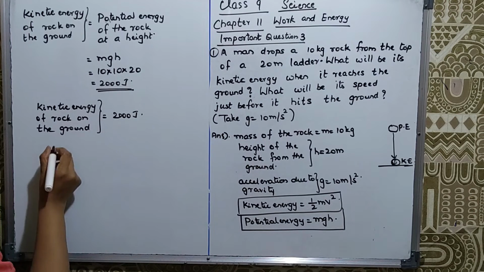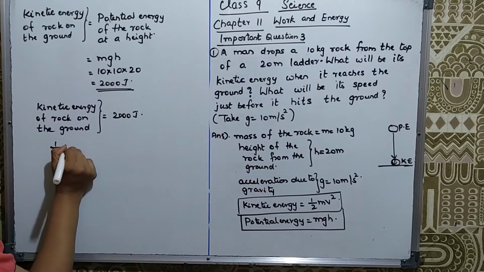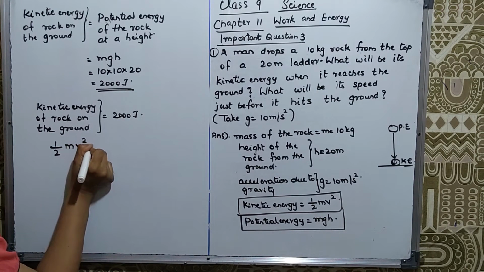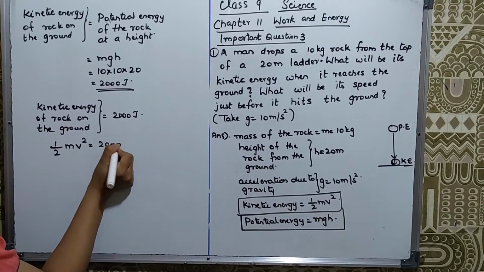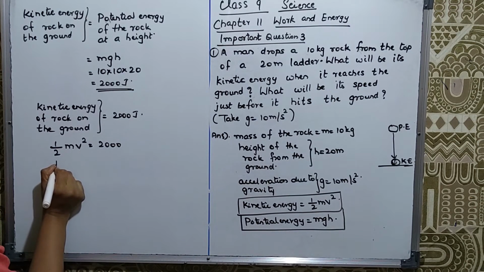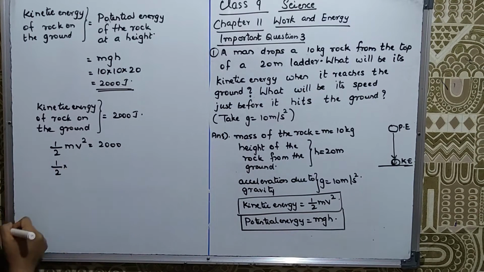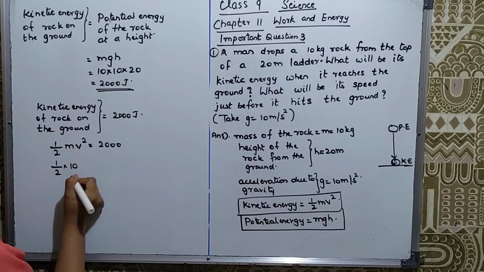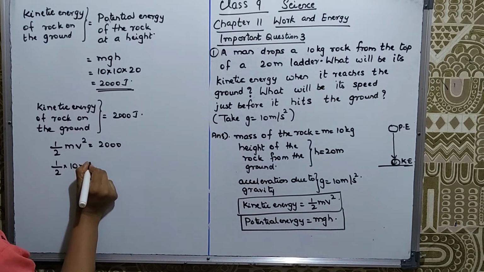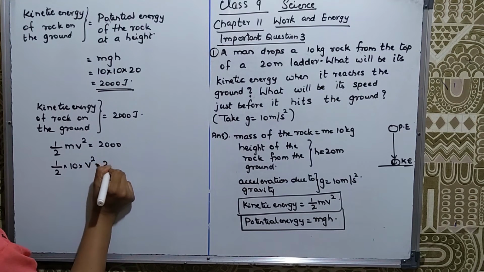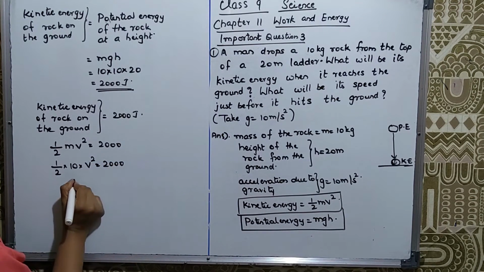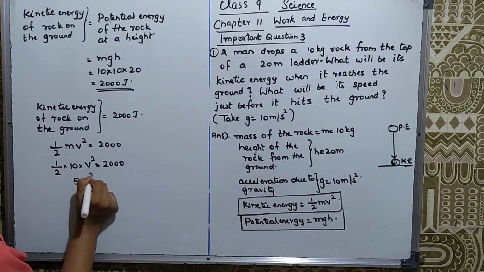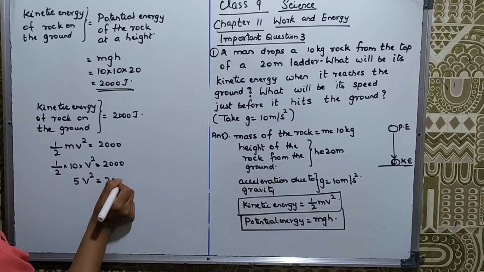Now below kinetic energy, we will write the formula half mv squared equal to 2000. Now it will be equal to half, mass m is 10, into v squared equal to 2000. It is 5v squared equal to 2000.